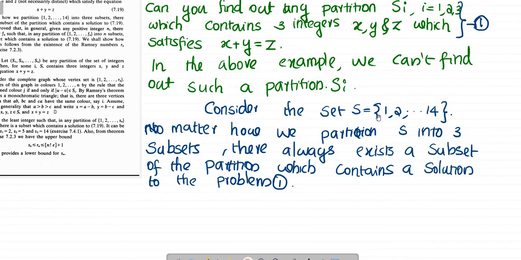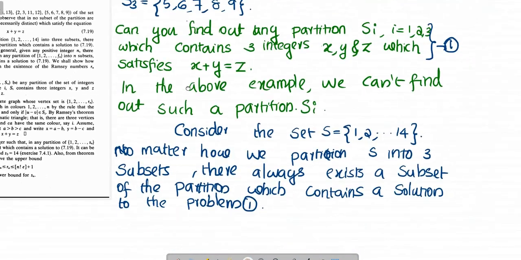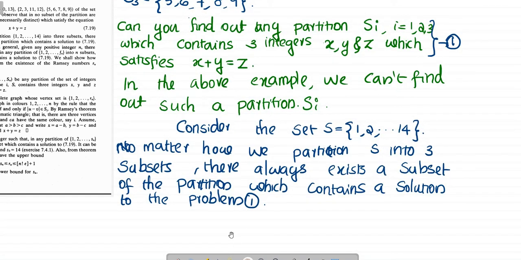Next, take S equal to 1, 2, 3, etc. up to 14. Divide this S into 3 partitions, into 3 subsets.